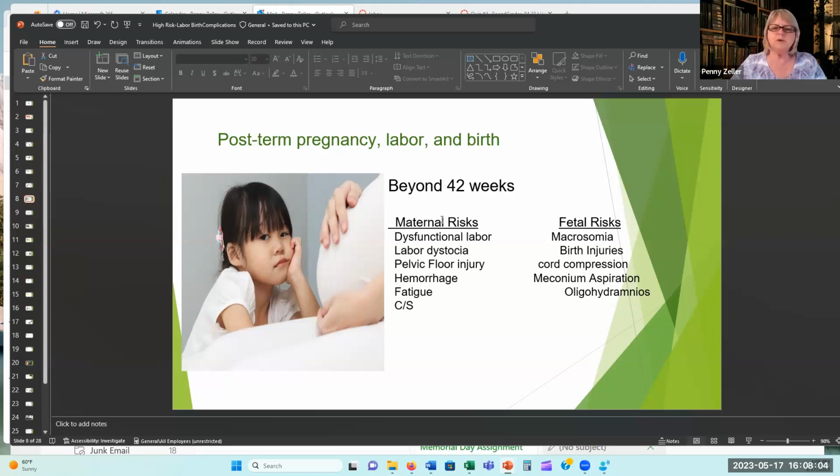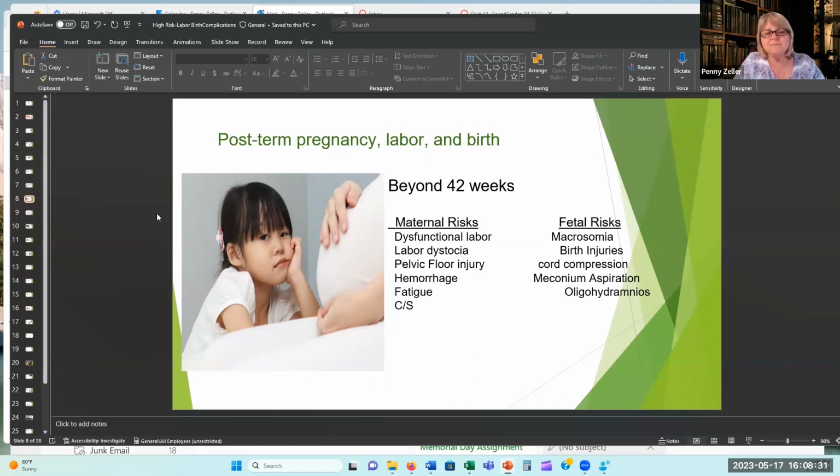It will have calcium deposits on it, which means that portion of the placenta is not going to provide exchange. Some risks associated with late delivery in post-term pregnancy are labor dystocia, dysfunctional labor, injury from a large baby, hemorrhage, fatigue, and needing a C-section.